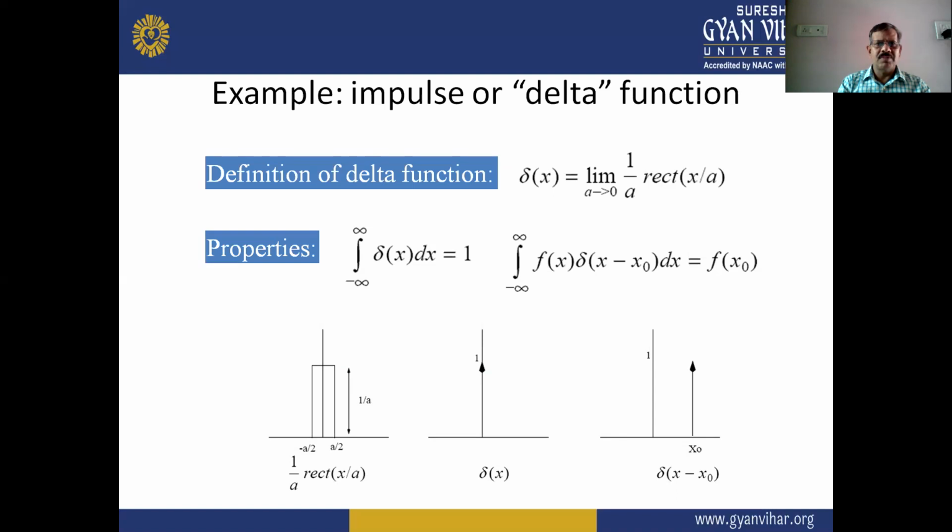This function has the property that the integration from minus infinity to infinity of delta(x) dx equals 1, and also the integration from minus infinity to plus infinity of f(x) delta(x minus x naught) dx equals f(x naught). So this is the property of delta functions.